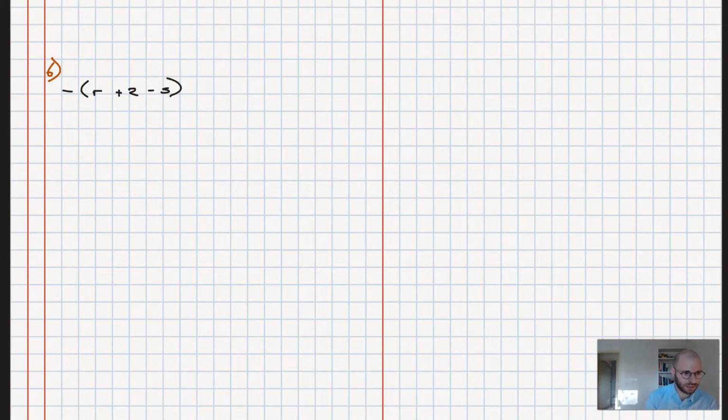So what's going on here? Well, same thing above, there's an implied minus 1 out front. And that minus 1 is going to multiply with the r, with the plus 2 and the minus s.